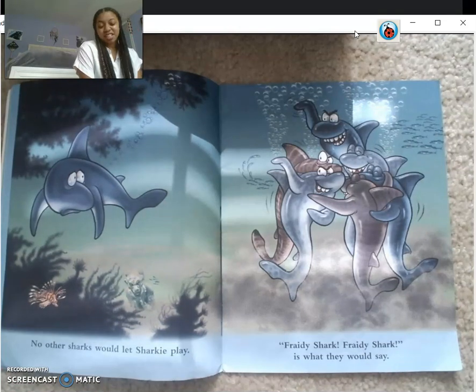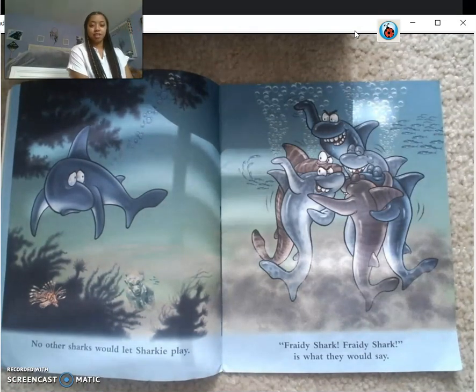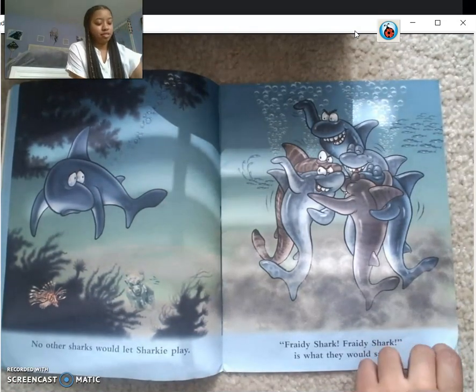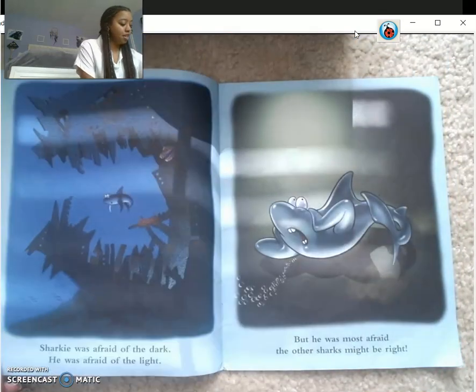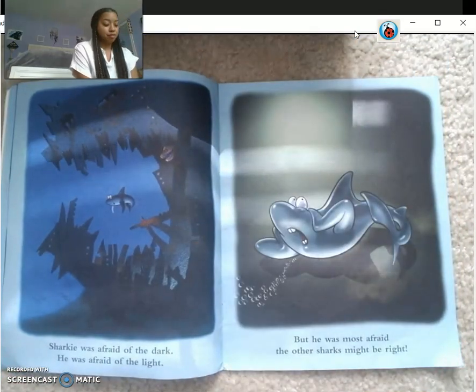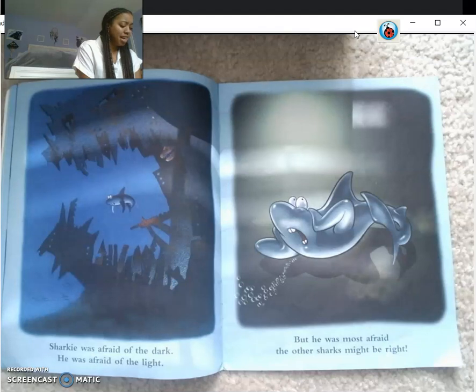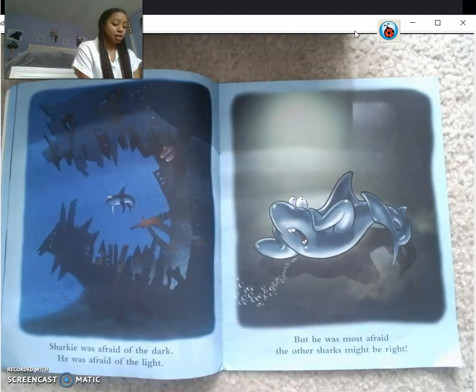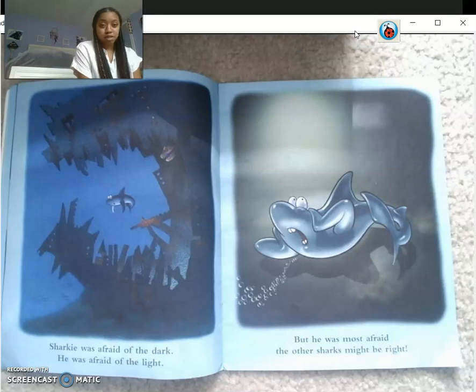Fraidy Shark, is what they would say. Sharky was afraid of the dark. He was afraid of the light. But he was most afraid the other sharks might be right.